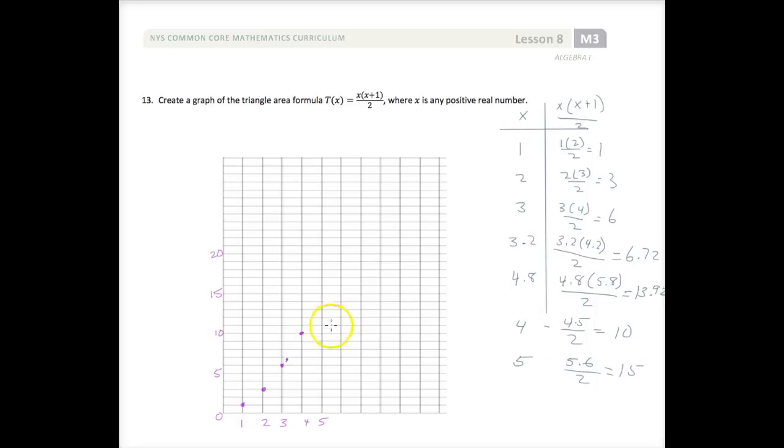And 4.8, so almost 5, but not quite. 4.8 is 13.92. That's so close to 14 that we can practically call it 14, and 5 is 15.